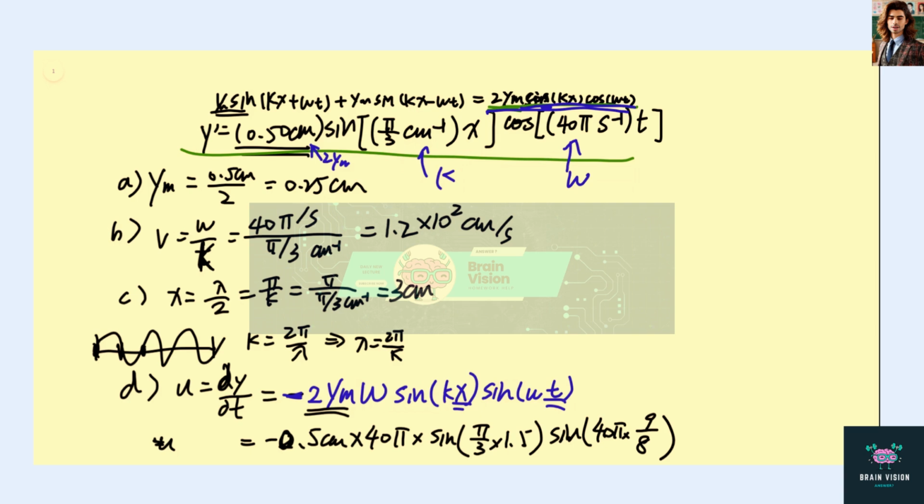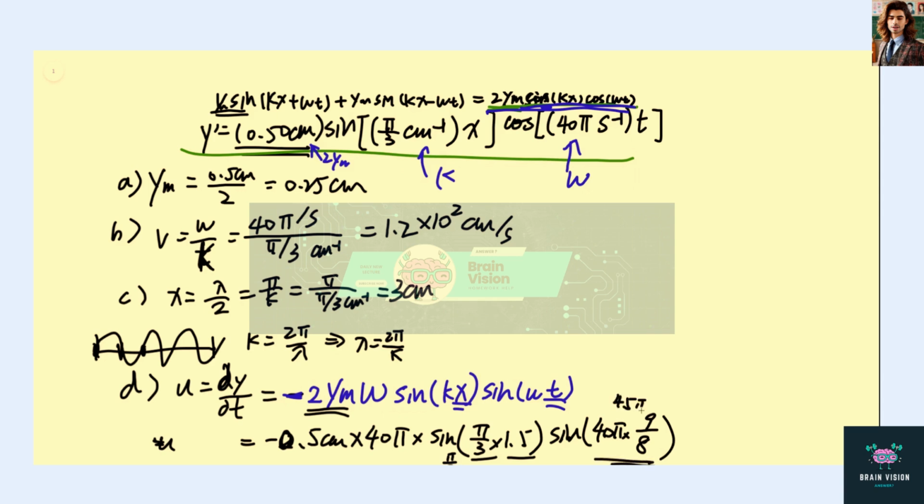The units cancel here, so I didn't include them. The first angle is half of pi, and the second is 45 pi.